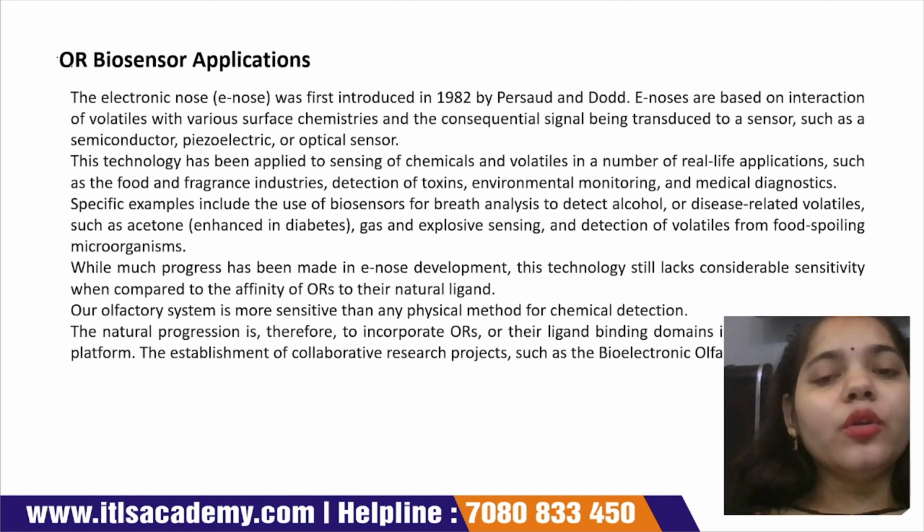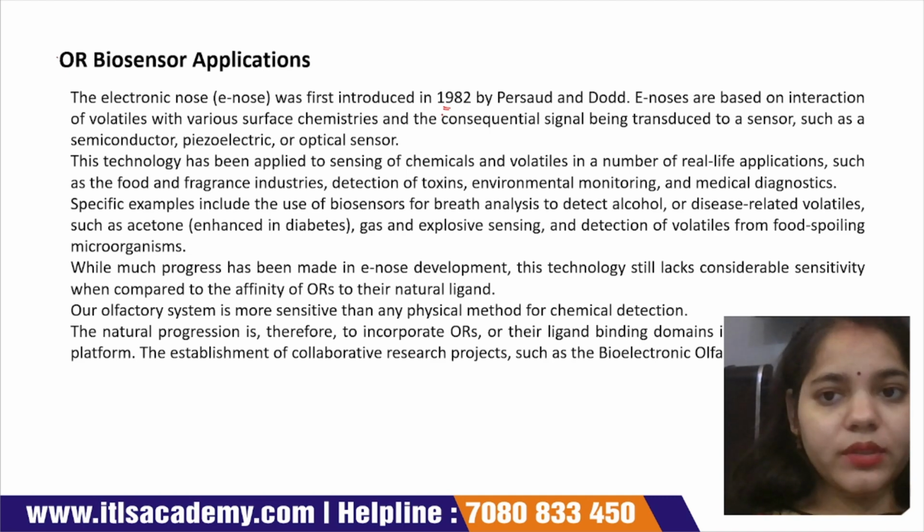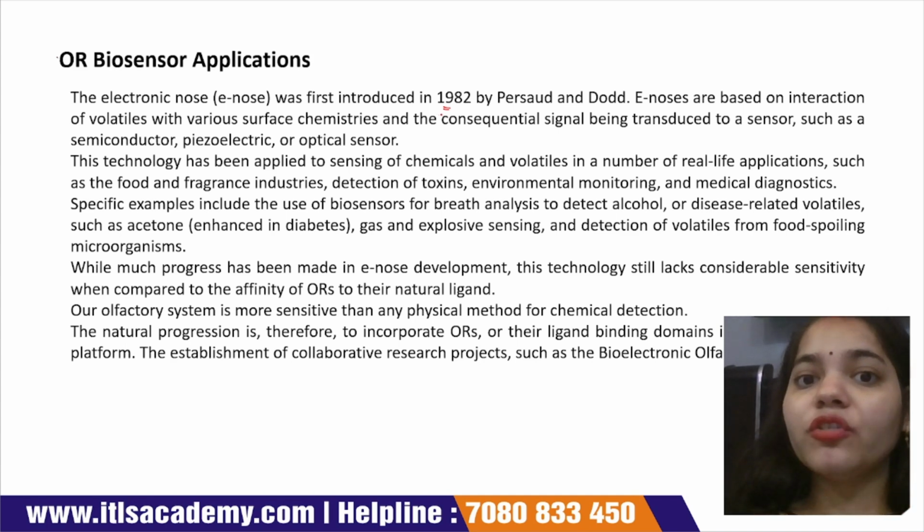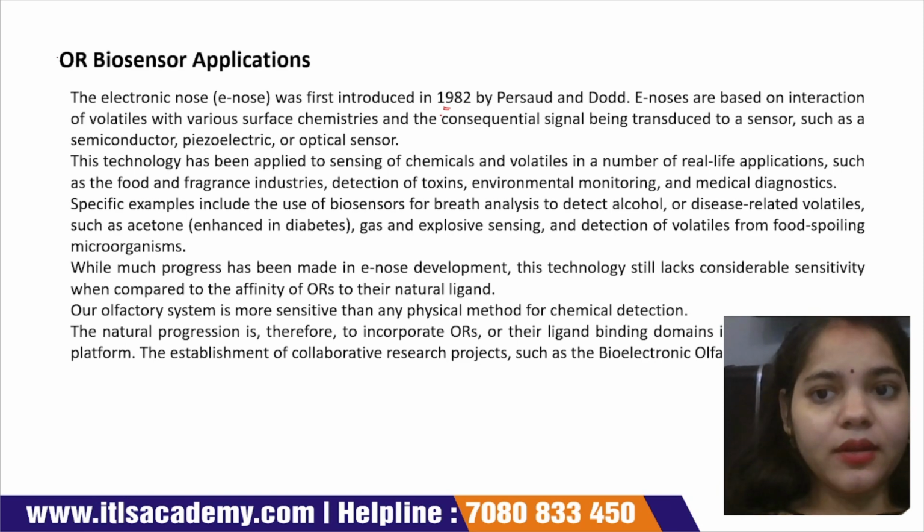The electronic nose, or e-nose, was first introduced in 1982 by Persaud and Dodd. Electronic noses are based on the interaction of volatiles with various surface chemistries, and consequently the signal is transduced to a sensor such as semiconductor, piezoelectric and optical sensors.